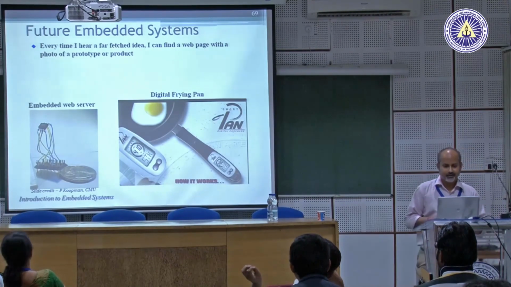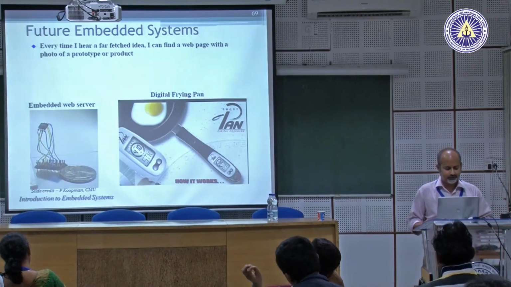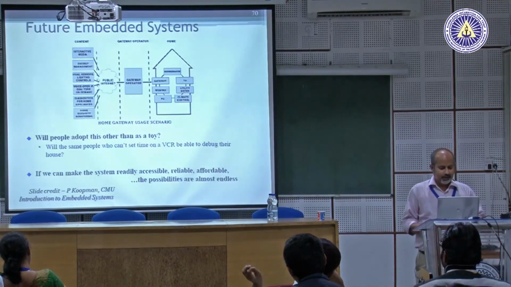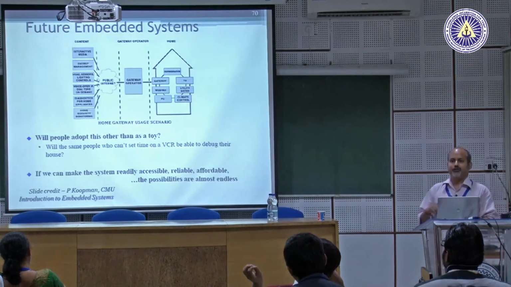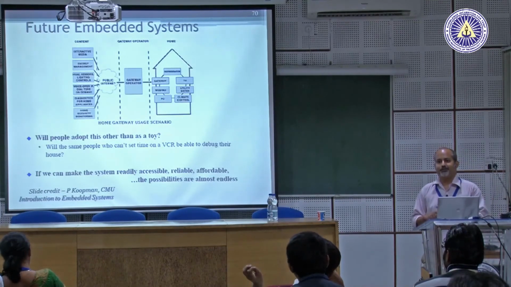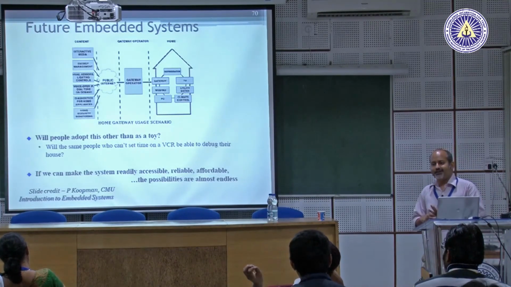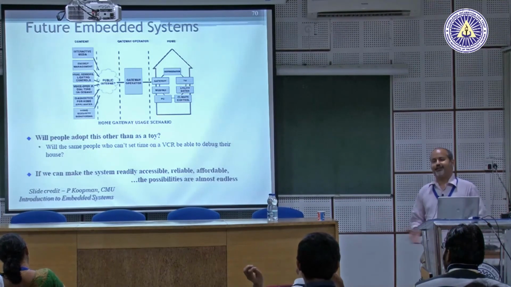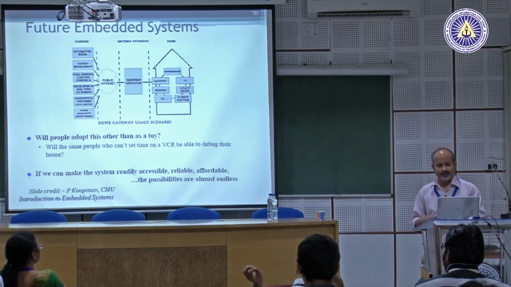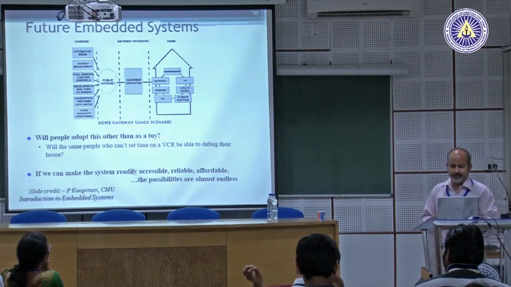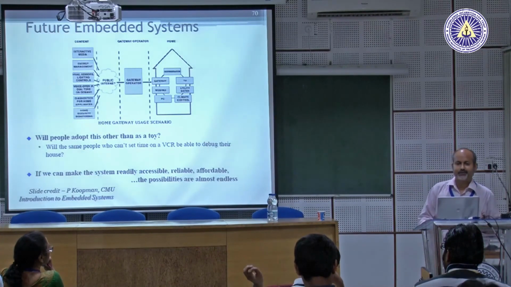That is one of the futures of embedded systems. And then we are talking about smart home, smart city, smart transportation. All these things are basically an outgrowth of embedded systems as a discipline, and therefore they are going to play an important role in the future of embedded systems.